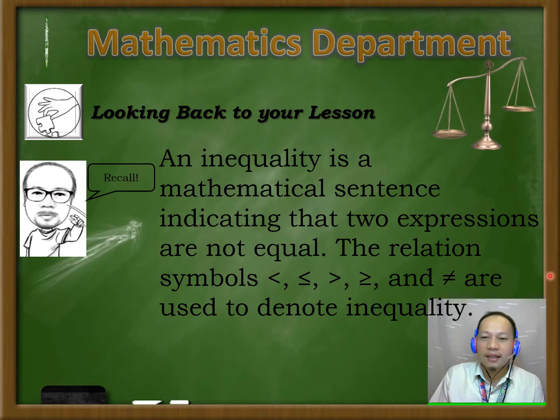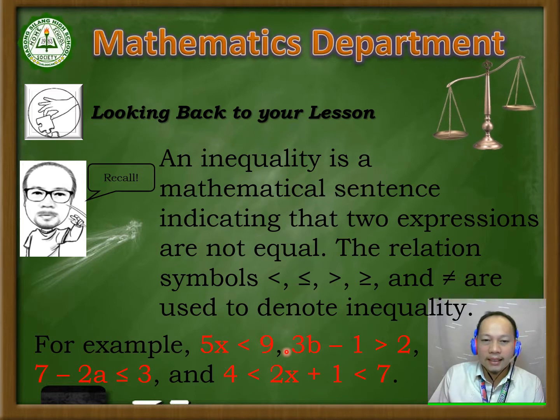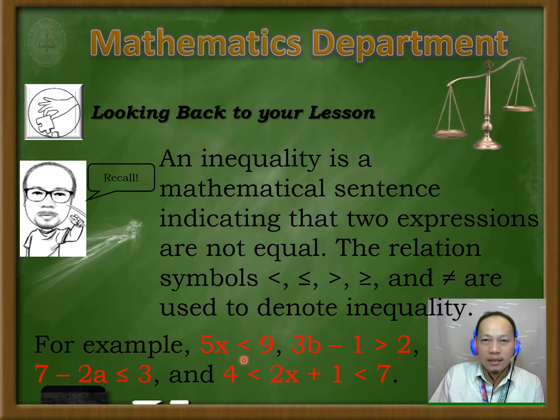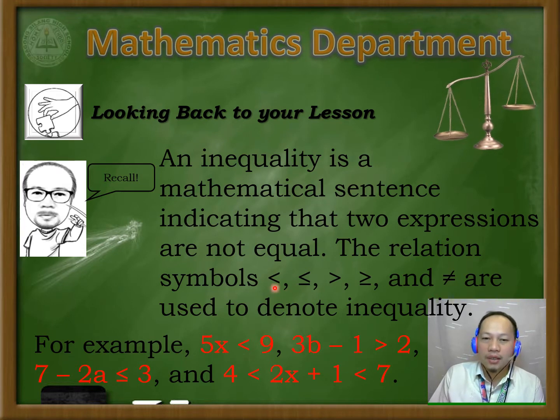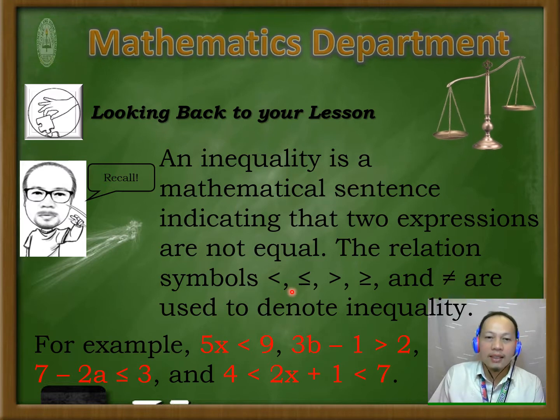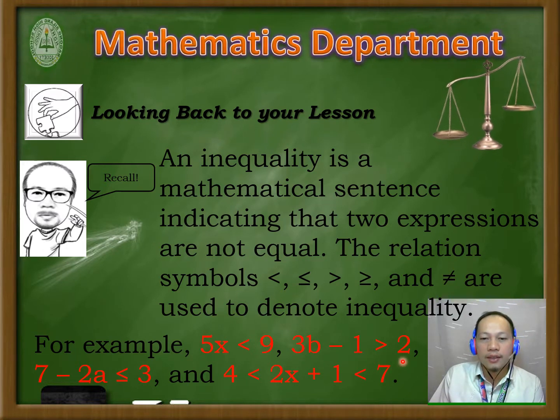Okay, I will give you an example. 5x is lesser than 9. Okay, is it an inequality? Yes, because it uses a relation symbol lesser than. Another thing is 3b minus 1 is greater than 2.